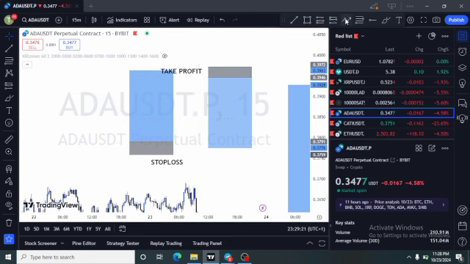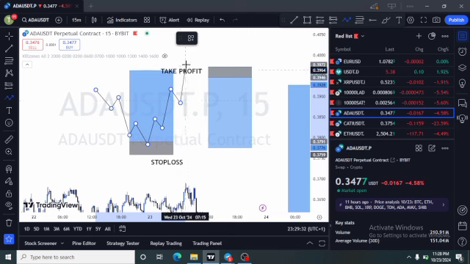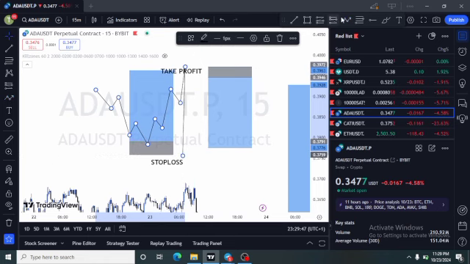What it basically means is that I am predicting that when the market comes down to this point, I enter the market. Then if the market goes up to this point, I take my profit. I close the trade and take whatever the market has given. And if the market goes as low as here, I take a loss. That's basically what it means.